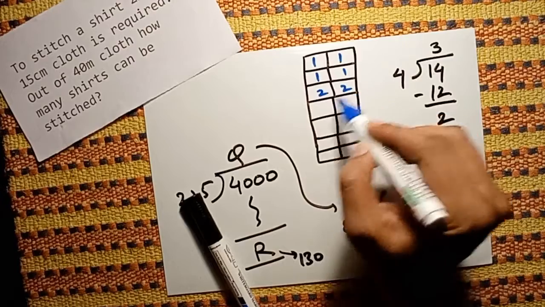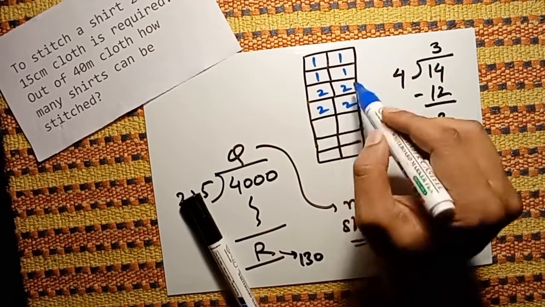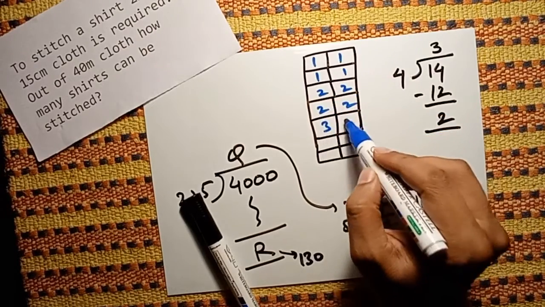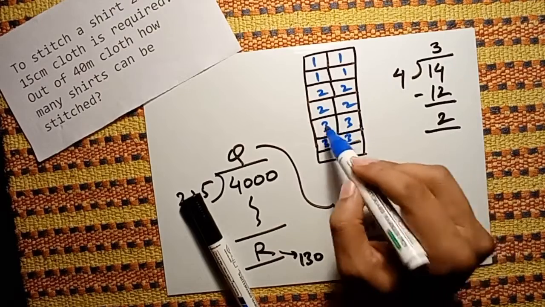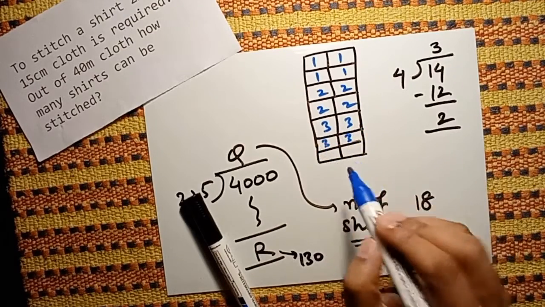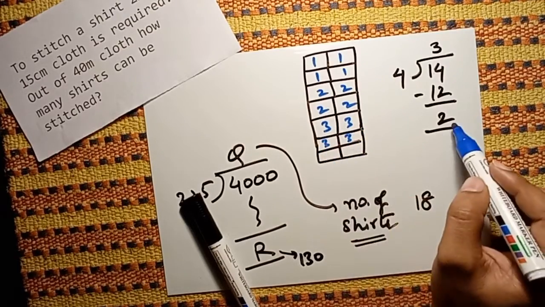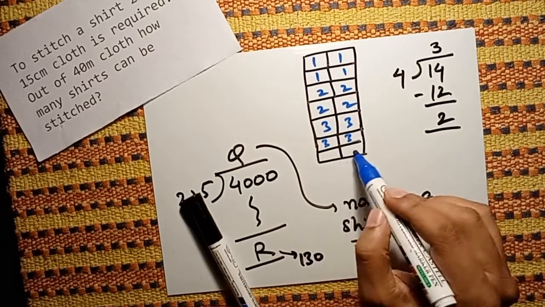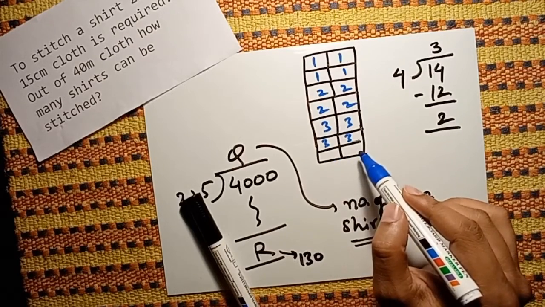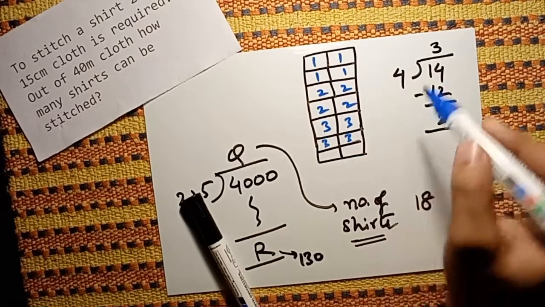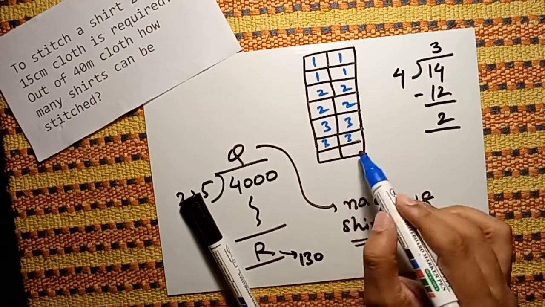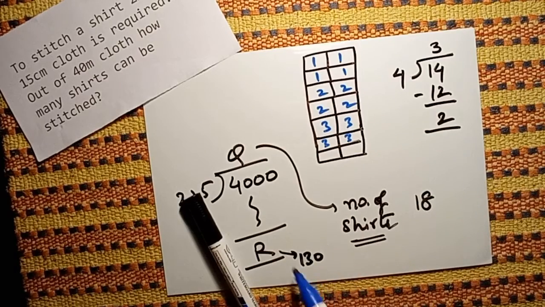This is the second kid who got 4 blocks. This is the third kid who got 4 blocks. And what is this? Remainder. Because it is left out, we cannot give it to anybody because each kid wants 4. So this is left out, just like 130 is left out here.